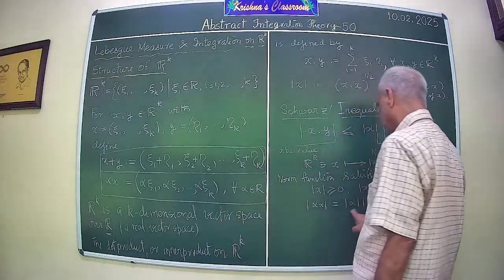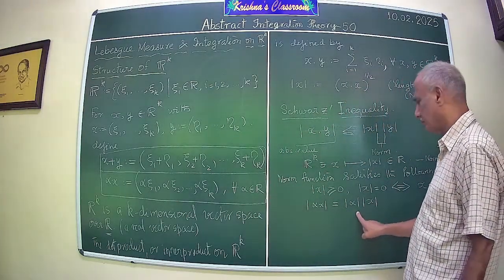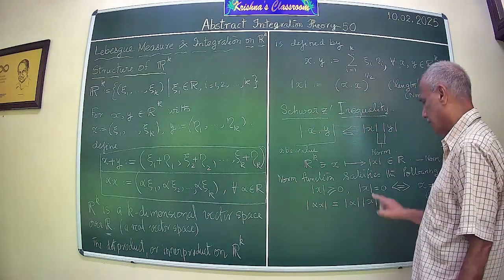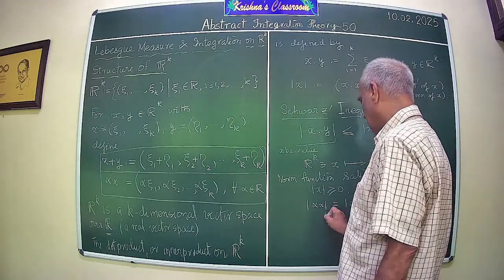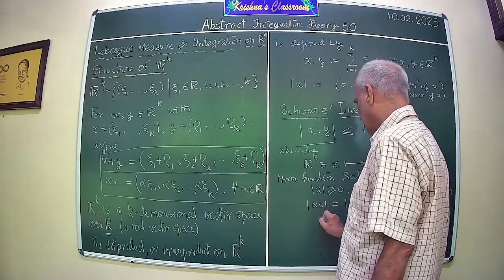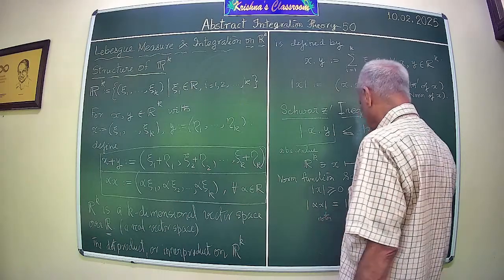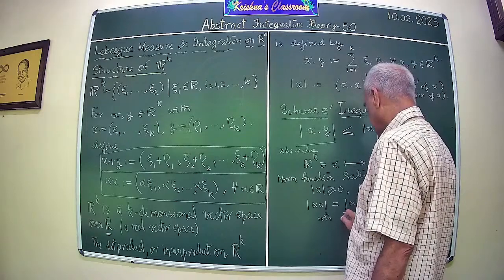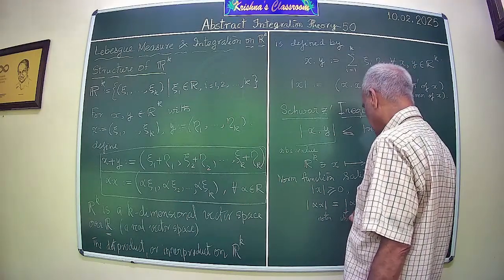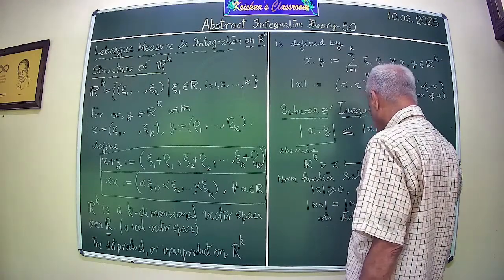See, once again, this is a scalar, this is the modulus of that, this is the length. Okay, so this is a vector, so this is norm, this is absolute value, this is again norm.